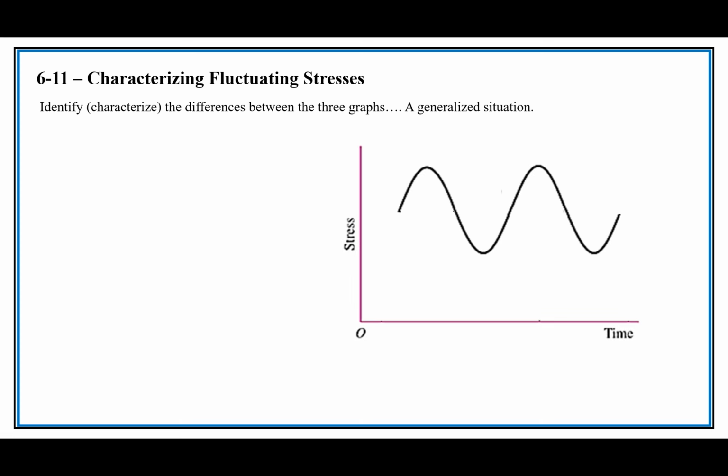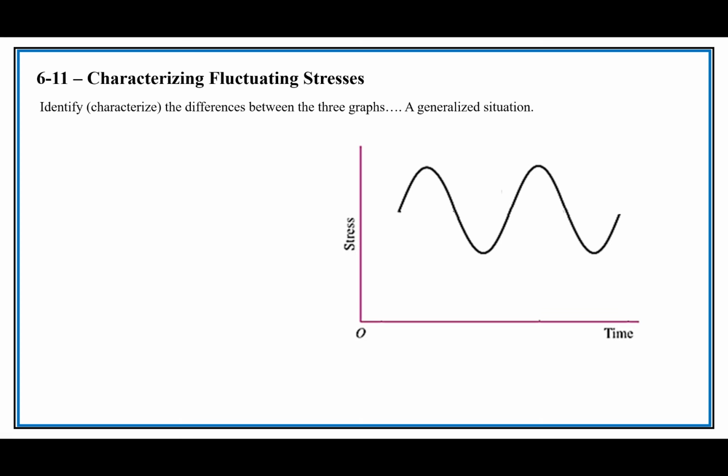All right, so the big difference between what we'd been previously doing in the last class and this is that we're going to have now an average, or let's call it a mean, a mid-range component. So it's not just going to be perfectly repeated loading. It's not going to be completely reversed.